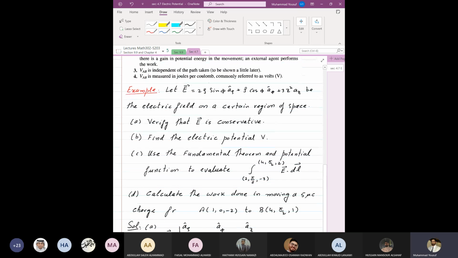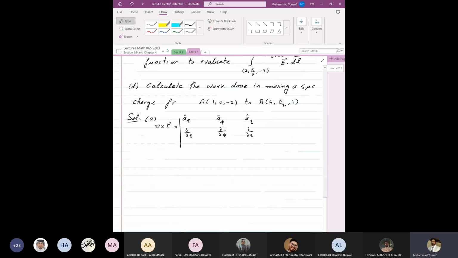Then the function components: 2 rho sine phi, rho cosine phi, and 3z squared.